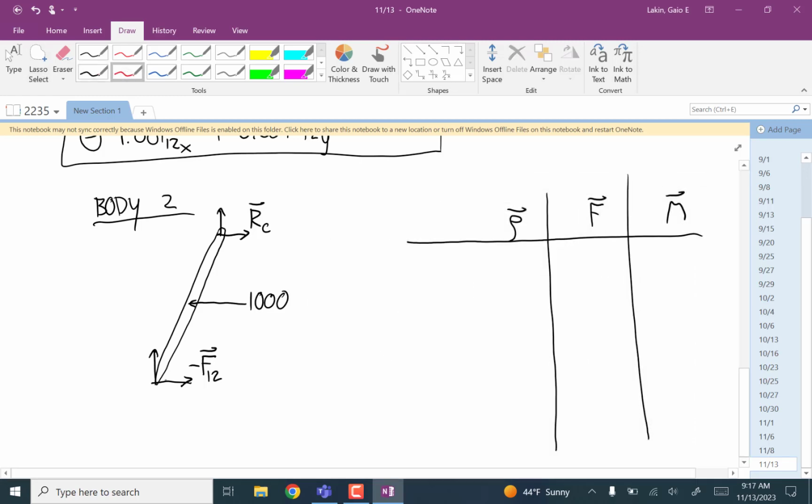I'm going to put my about point down here. So I'll start with negative F12. The row vector is 0. Force vector is negative F12X, negative F12Y. Cross product is 0.